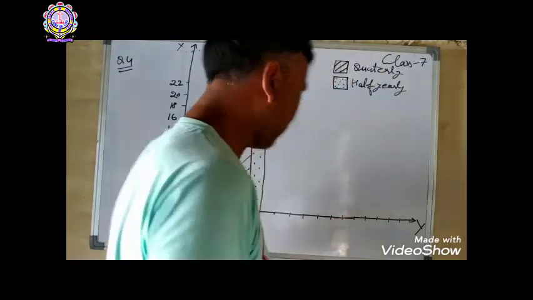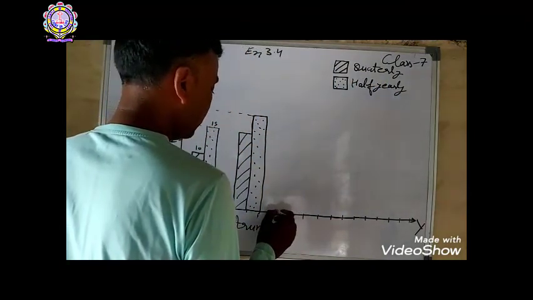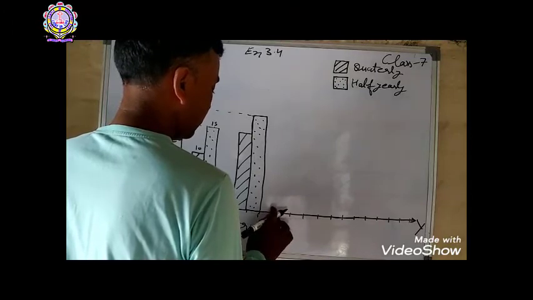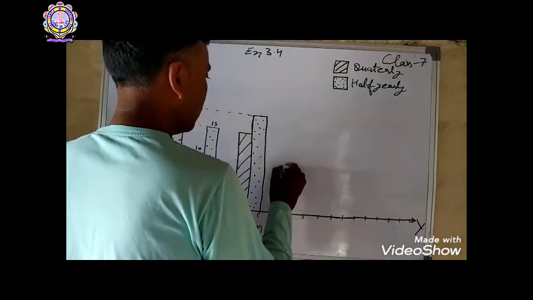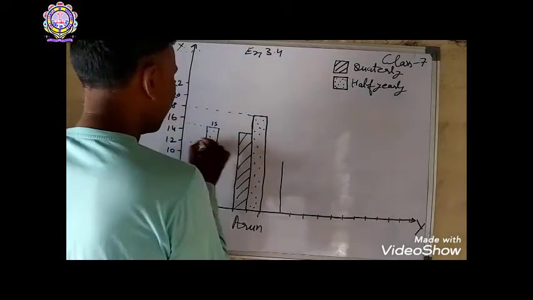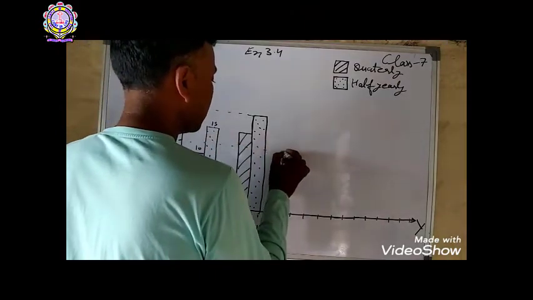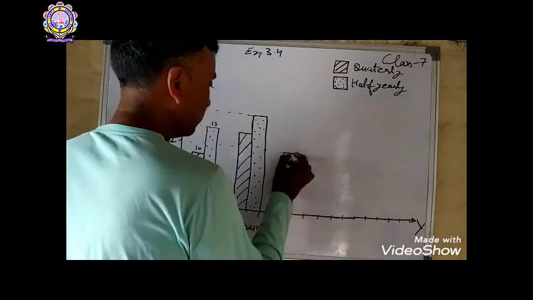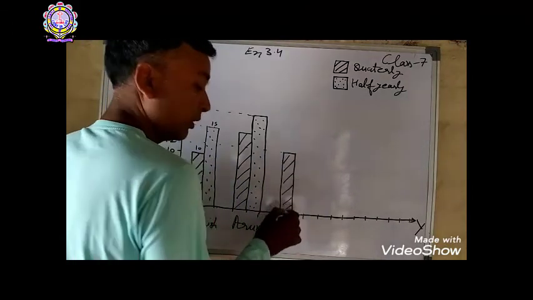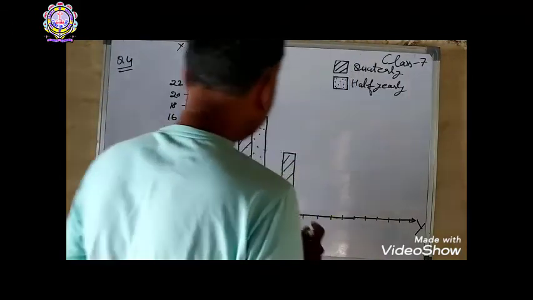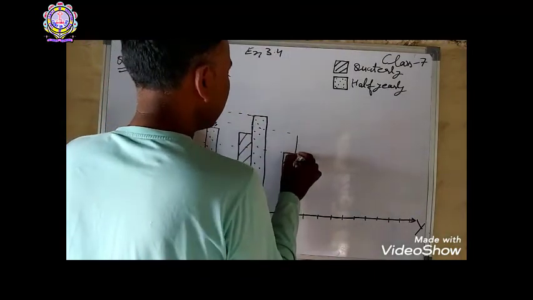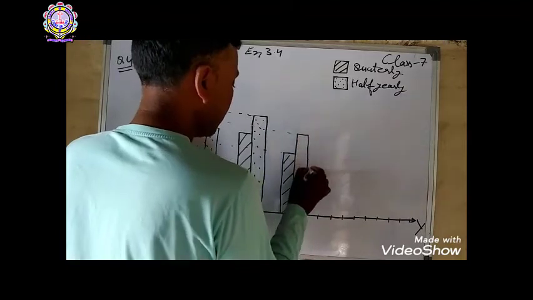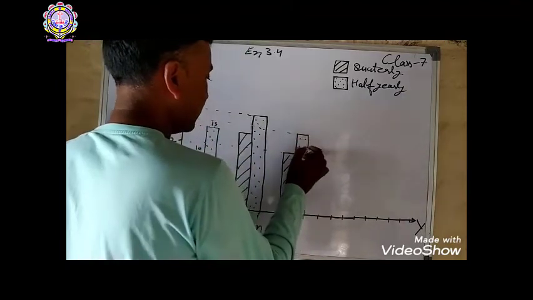Now third one, Kavish. 12 in quarterly. Okay, that is 12. You draw like this. And half yearly, 16. That is the half yearly, 16, like this.